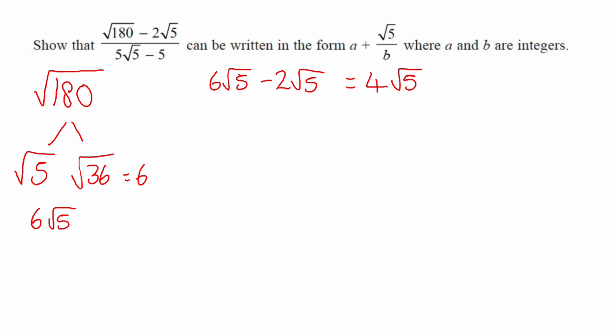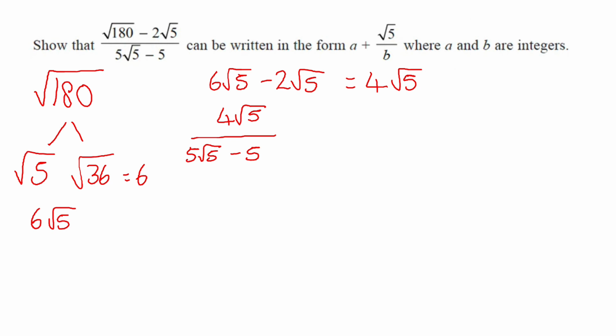To do that, if I rewrite out our fraction, we've got 4 root 5 as our numerator, and we've got 5 root 5 minus 5. Now, there's two ways we could do this. What you're going to do is multiply the numerator and the denominator by the same expression.